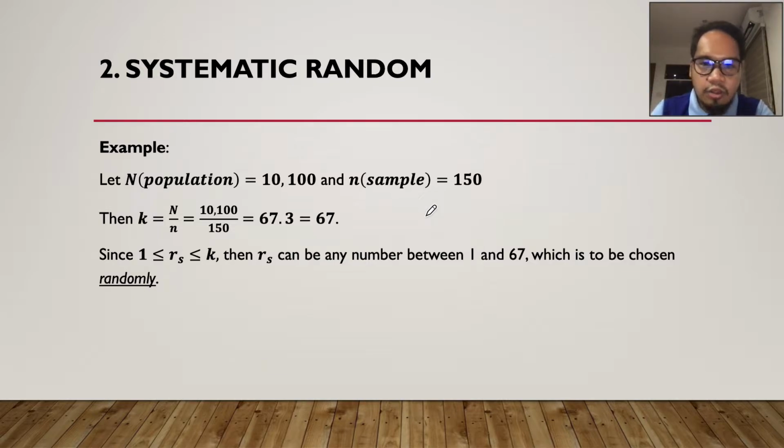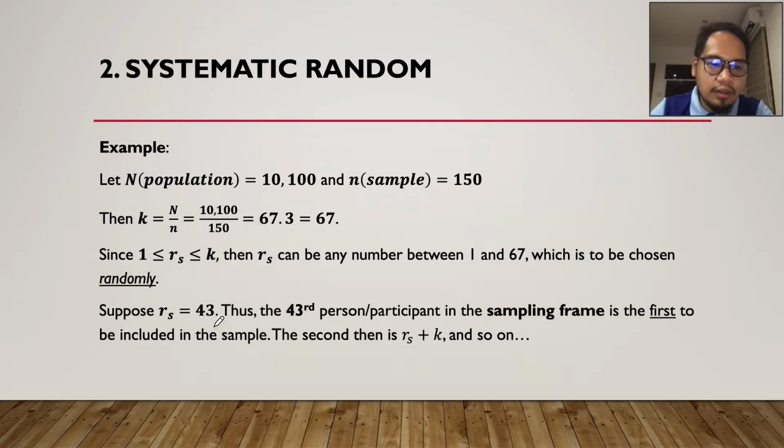You may ask someone beside you right now, you may ask your baby sister, brother, or whoever, as long as he or she has nothing to do with your research, or doesn't know anything about why you are asking. So for example, we have randomly chosen the number 43. So 43 will be that random start, my first participant, the 43rd person in that sampling frame, in that list.